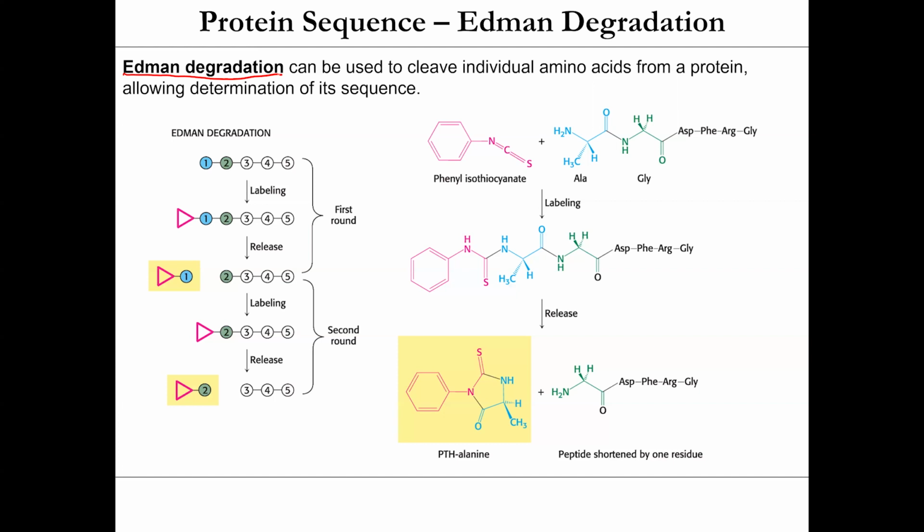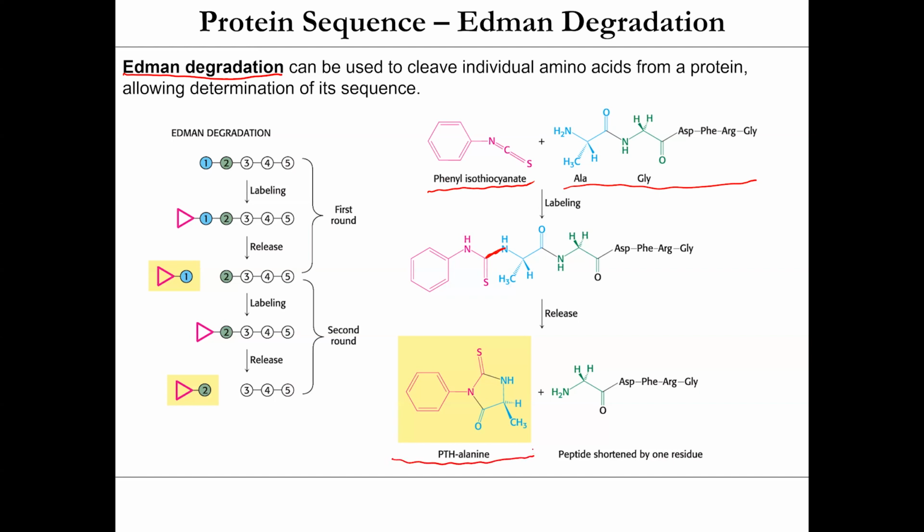So you would have your protein, which has a specific sequence, and then you would add this reactive compound, phenyl isothiocyanate, and it would couple and label the end of the protein, the N terminus, and then you can release that molecule off.